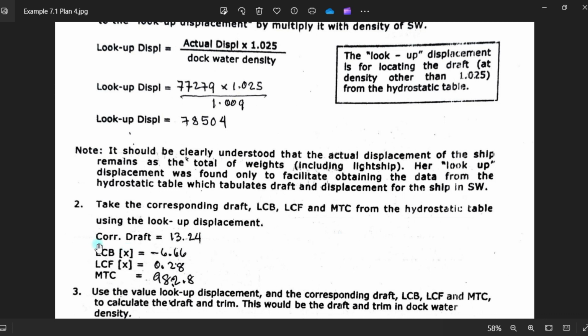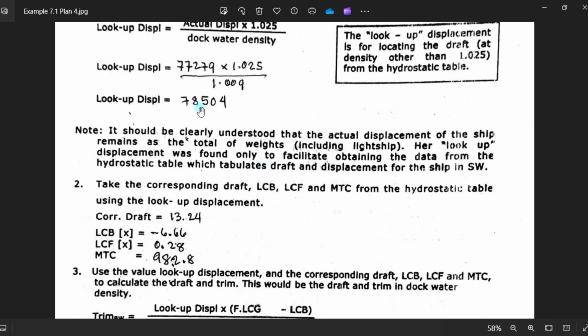So what will be her draft for the 78504? We will check.